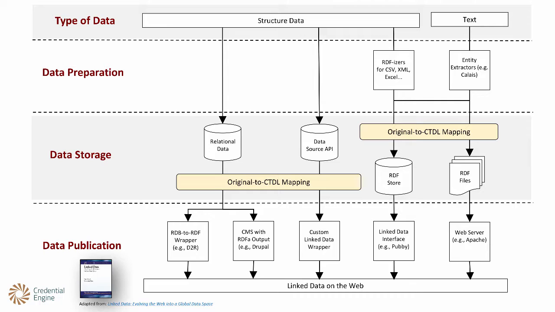Now, most data that is held by partners, third parties, technically falls into one of two camps. The data is either well structured or it's text. Now, by well structured, I mean it already exists in spreadsheets, CSV or Excel.